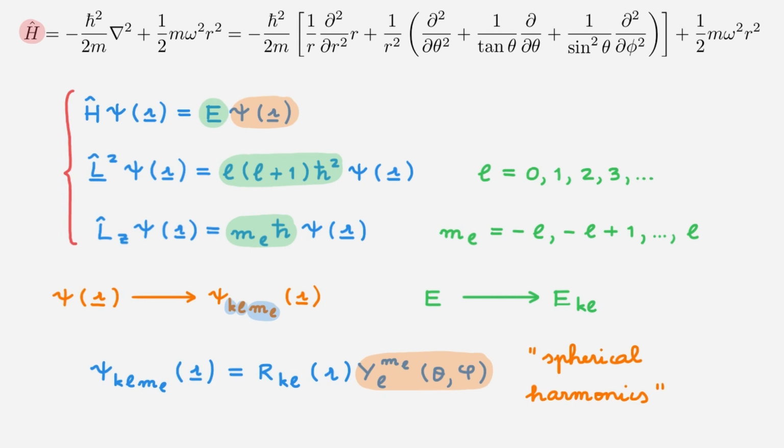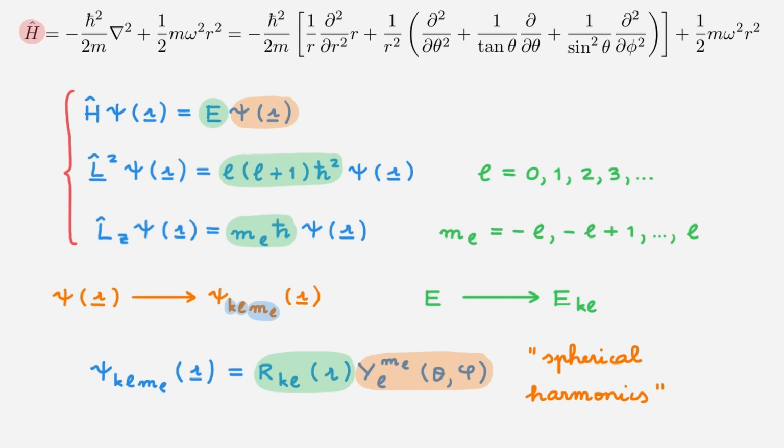The important result for us today is that the spherical harmonics are the same for any central potential, which means that we already have the solution of the angular part of the eigenfunctions of the isotropic harmonic oscillator before we even start. It is given by the spherical harmonics. This part here is called the radial part of the eigenfunction, and it depends on the quantum numbers k and l.